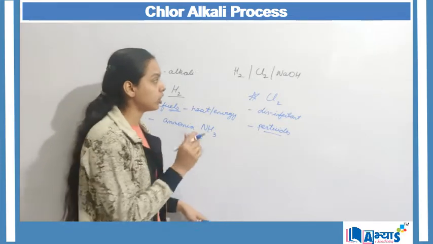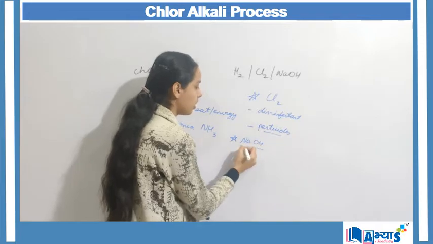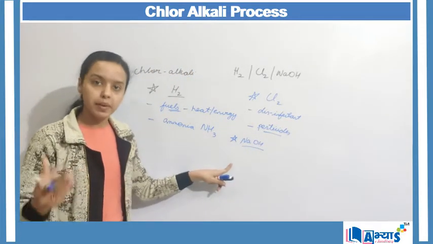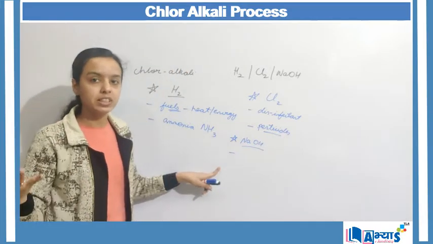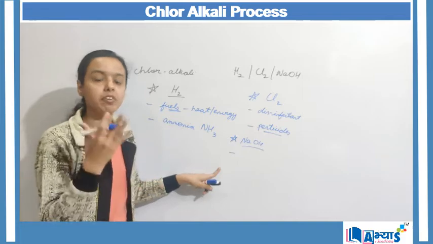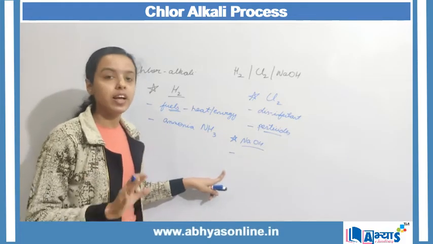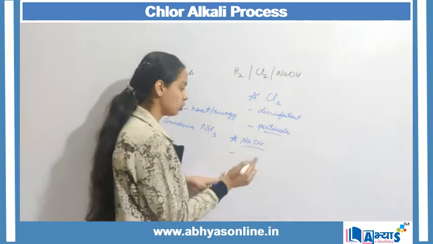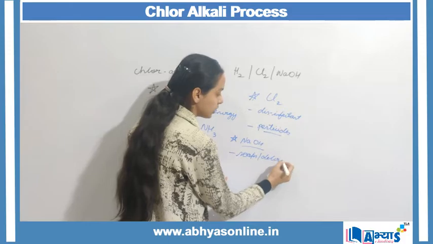The last product is NaOH. NaOH, as we all know, is a base. All bases are soapy to touch. As we have discussed in the properties of bases, you can always refer to a video on the different properties of bases. Since NaOH is a base, it is used in the manufacturing of soaps and detergents.